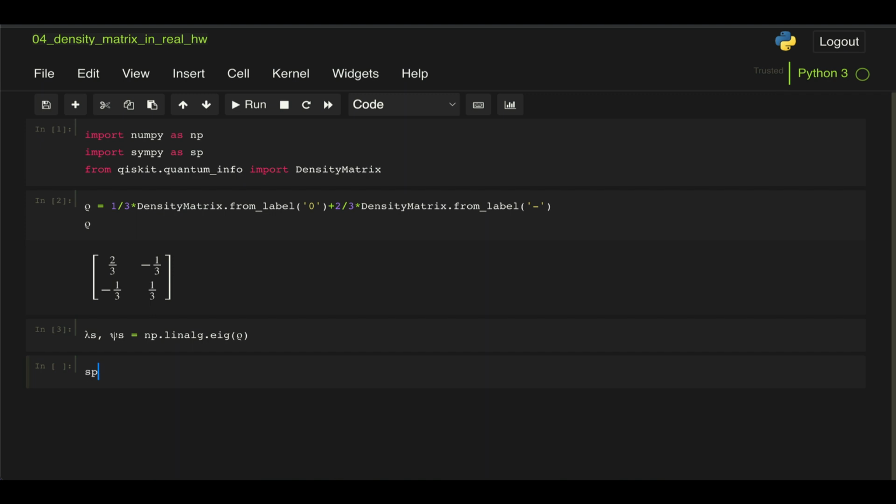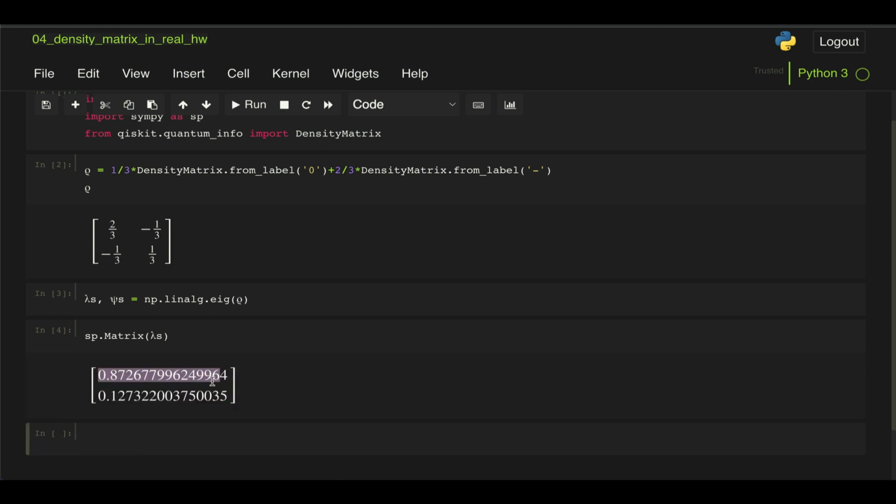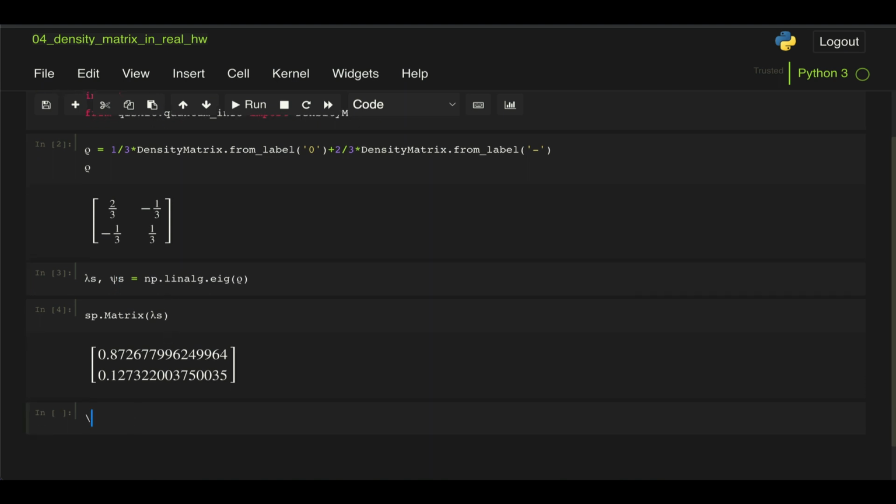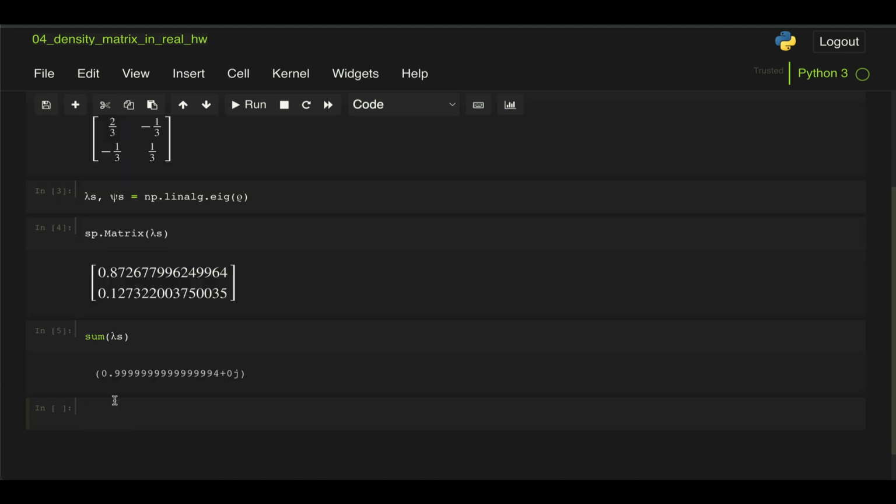And then if we display, let's say, our eigenvalues, our lambdas, we get these two values, which, if we did it correctly, they should add up to 1, because as we said, we should be able to interpret them as classical probabilities of finding the state rho in either phi sub 0 or phi sub 1. So, if we do our lambdas and we sum over them, that should be equal to 1. So it's pretty much 1, just we don't get exactly 1 due to some rounding errors.